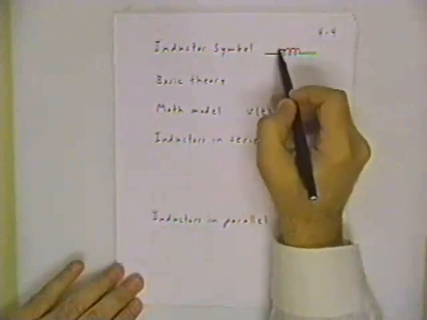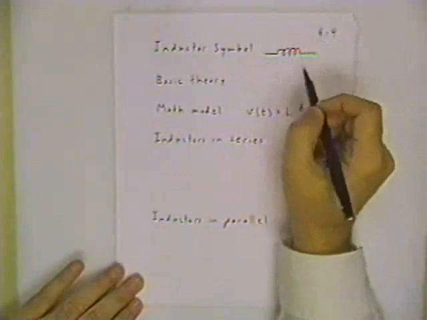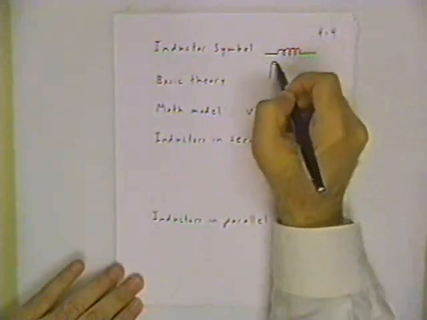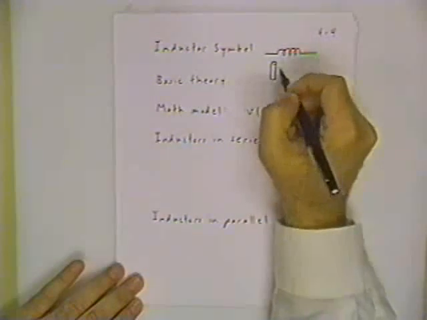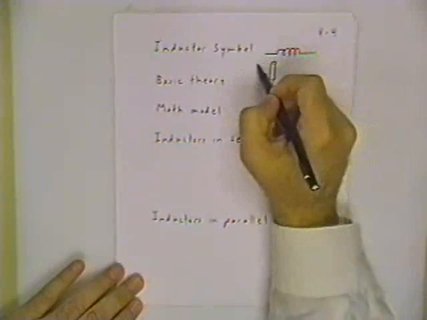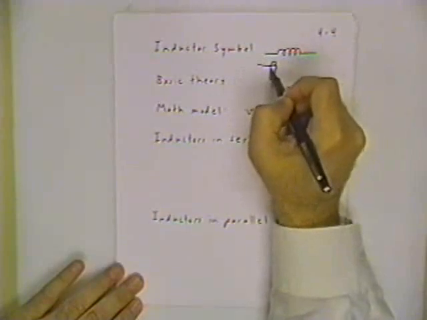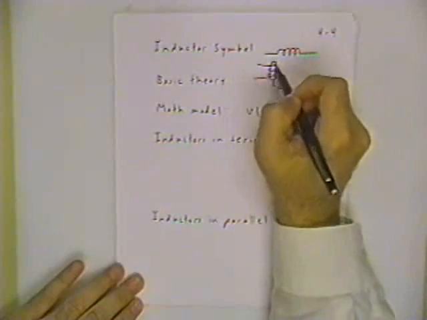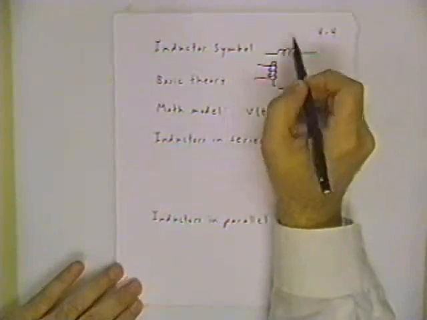You just take a conducting wire and make a bunch of turns in it. For a practical inductor, usually you put some kind of a ferromagnetic or iron core, and you let the windings come in like this, and that gives you a much stronger magnetic field inside here.